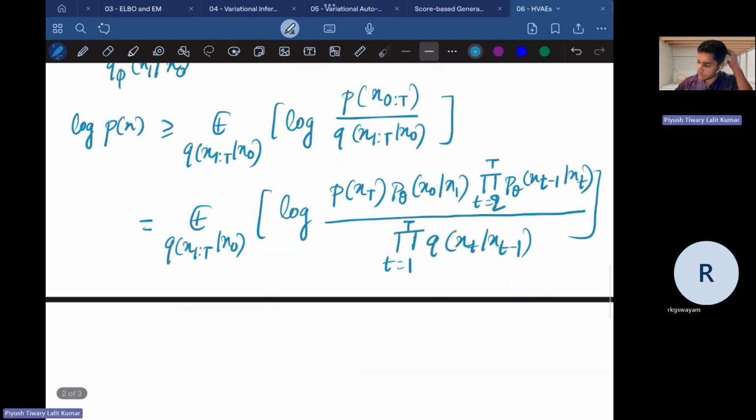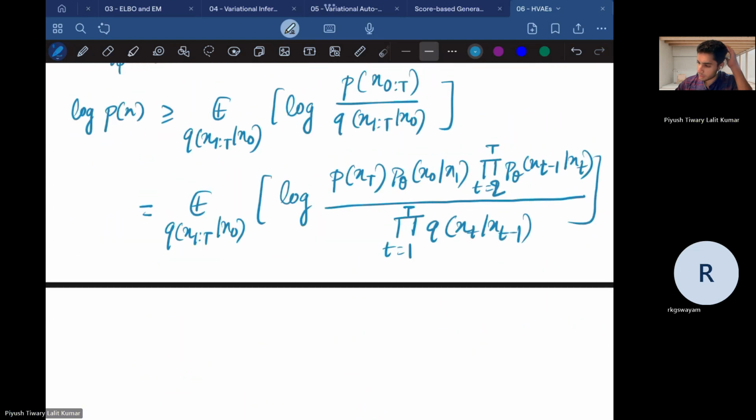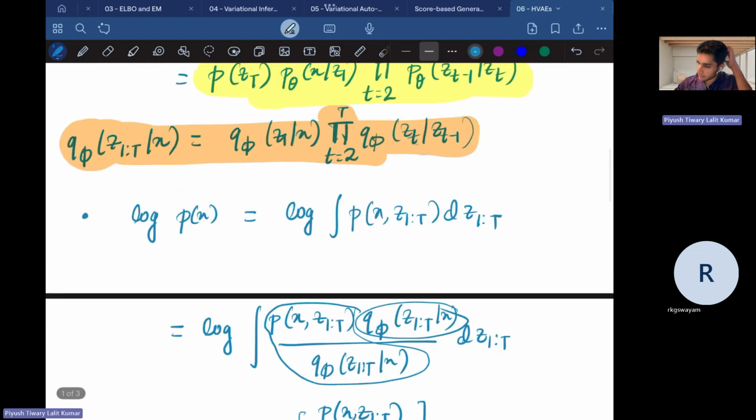No, there is no new term actually. If you think about it, this is nothing but q phi of x1, because z1 is now x1. The z's are now x's, and x is x naught. Then there is a product from t equal to 2 to capital T of q phi of zt, where zt is now xt, so this is xt given xt minus 1.